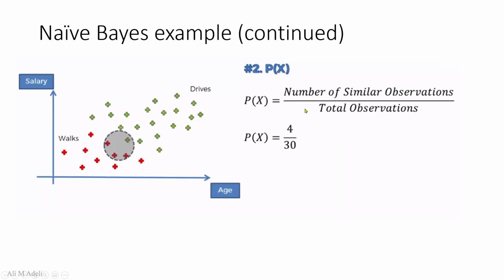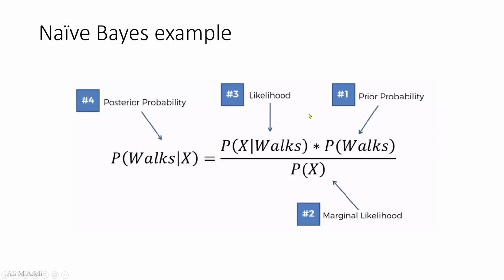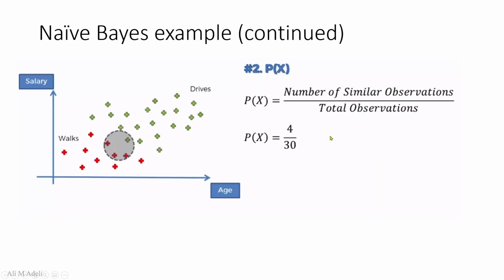And what's the probability of X? This is the marginal likelihood. What we're considering here is that we had a new observation, which was this point over here. We want to see the likelihood of observing such an observation, X, for these observations.